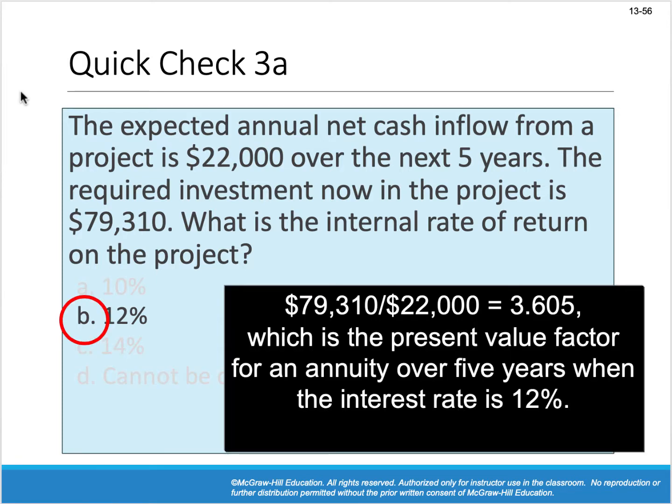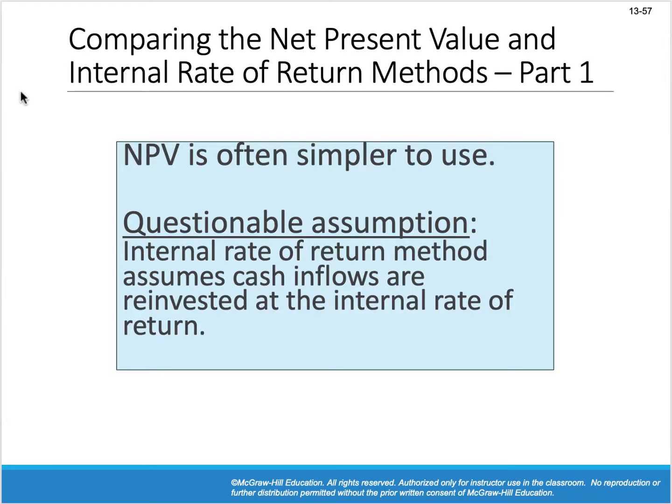So we see that it's 12%. How did we get that? Well, when we calculated the present value factor, we got 3.605. That's the present value factor for the annuity over 5 years. We had to then determine what that interest rate was by looking at the chart, and we got 12%. So not too bad.